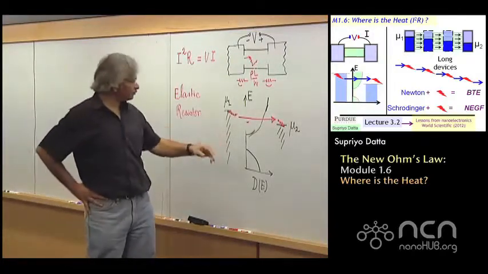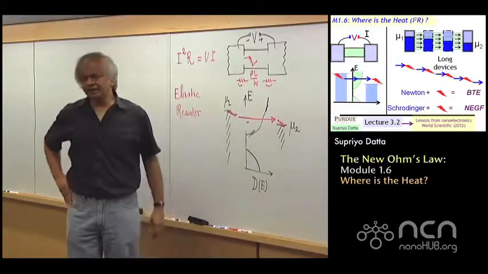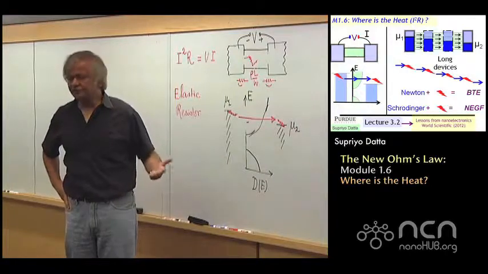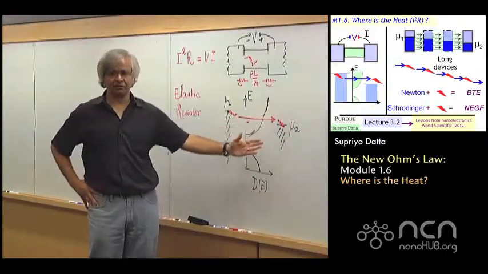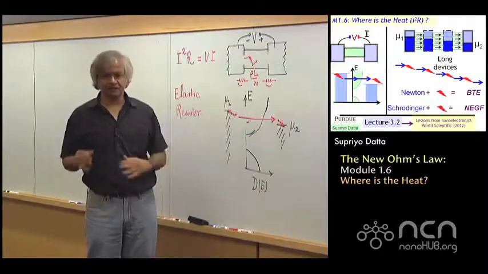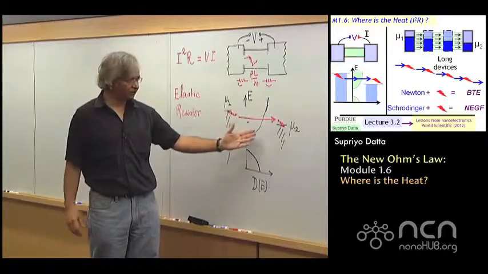So this view, what I called here the elastic resistor, this way of thinking, I guess it dates back to Rolf Landauer, who was thinking of this as a model with which to understand the flow of anything really, of transport in general.